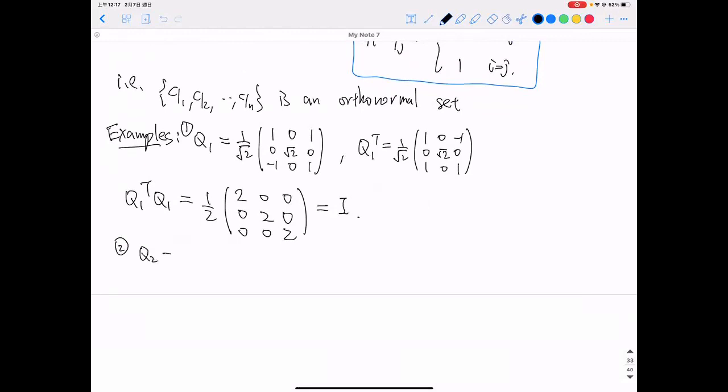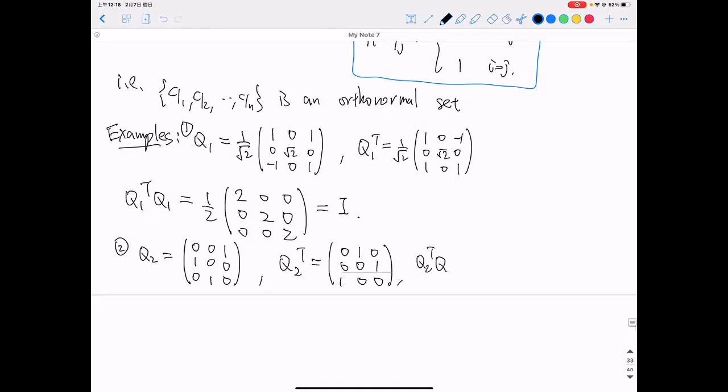So let's say Q2 is 0, 1, 0, 0, 0, 1, 1, 0, 0. Okay, this is Q2, and Q2 transpose is this.